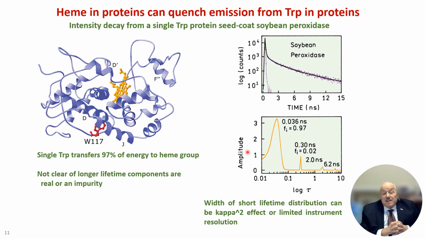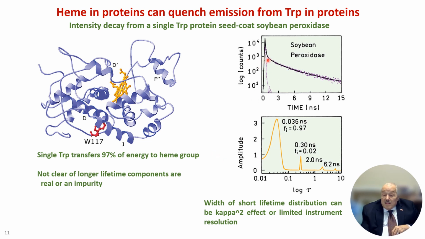I'm giving you this example for two reasons. One is proteins like hemoglobin have been looked at for years, trying to find some tryptophan emission. In this particular protein, we have one tryptophan in it and a heme group, and the heme group is a very effective acceptor by resonance energy transfer, and some 97% of the energy goes into the heme group, so the tryptophan is only weakly fluorescent.